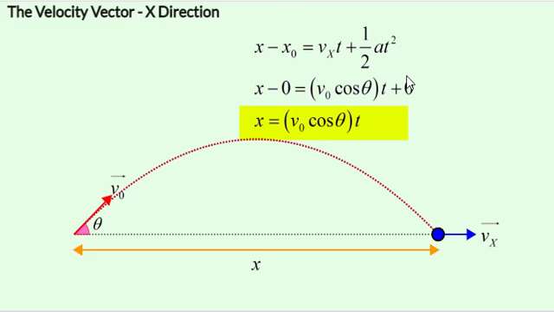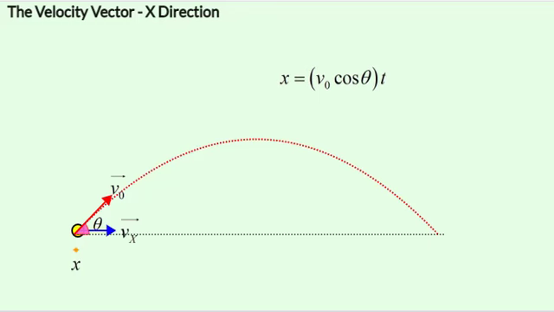So we obtain x as v0 cos theta times t. So the displacement at any time t is simply v0 cos theta times the time t. So you can see that we have completely ignored what's happening along the y-axis in this lesson. In the next lesson, let's tackle the displacement along the y-axis.